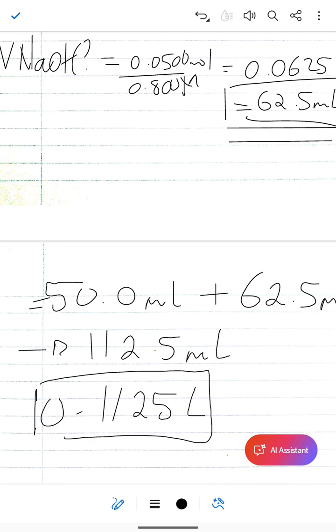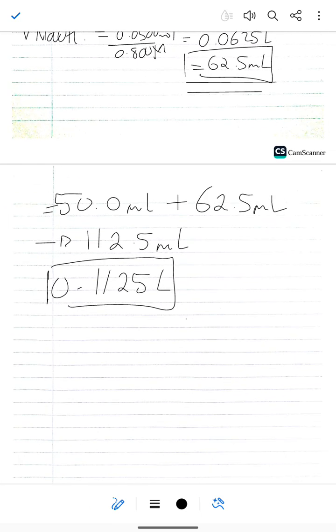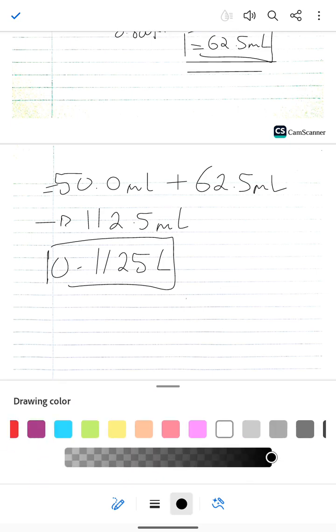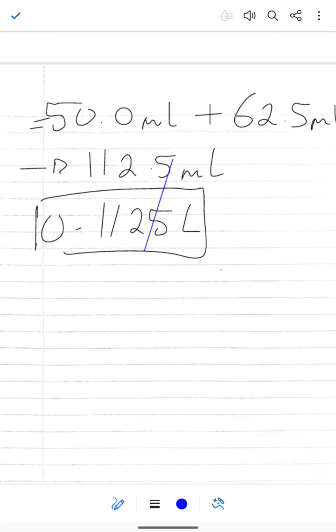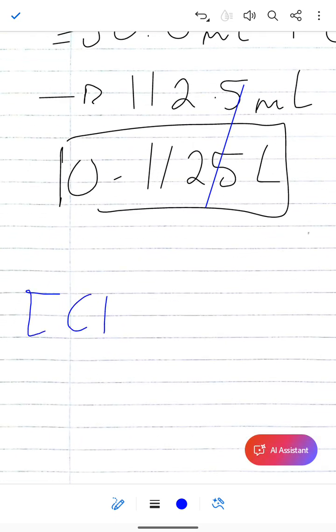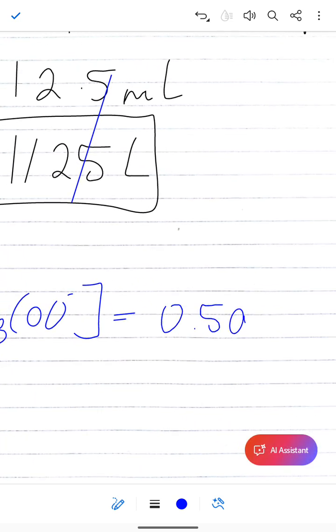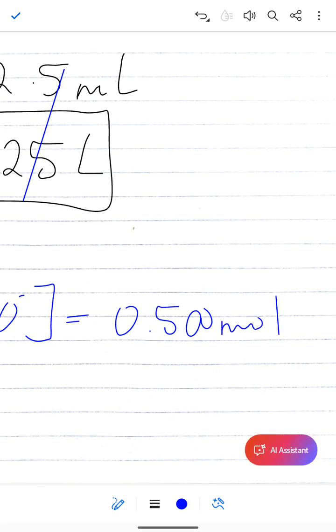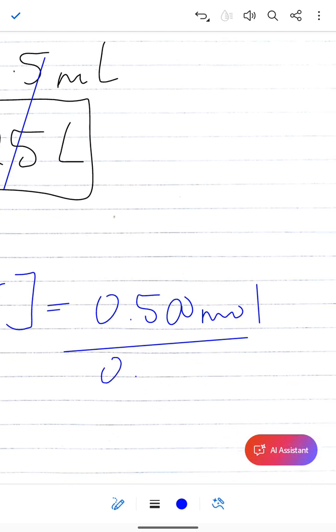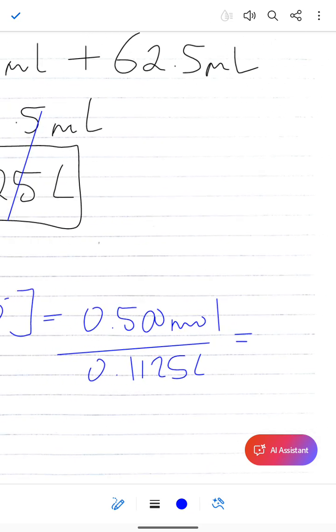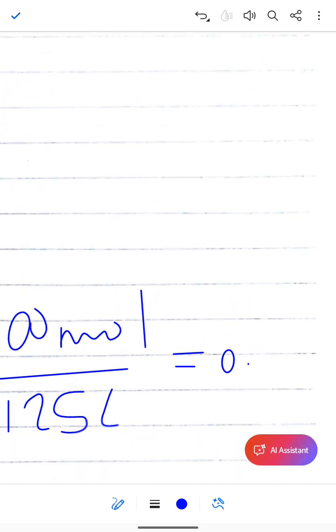So that means the concentration of the acetate ion I can find by simply dividing the moles over the total volume, right? This will give me 0.444.